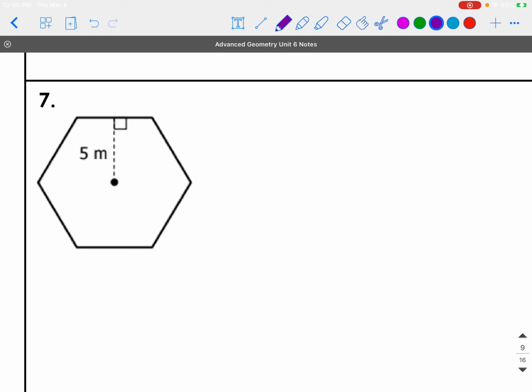So if you think back a few units, we learned how to find the angle measures in a polygon. And that formula was n minus 2 times 180. That told us what the total angle measured was in a polygon. And then if I divide that by n, that gives me one angle measure. So this is a six-sided figure.